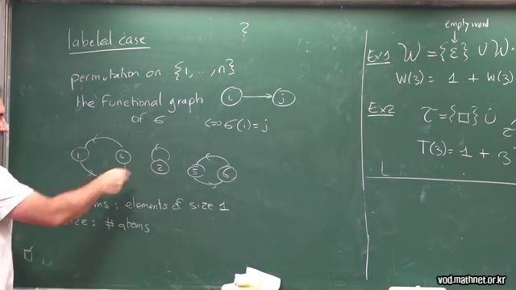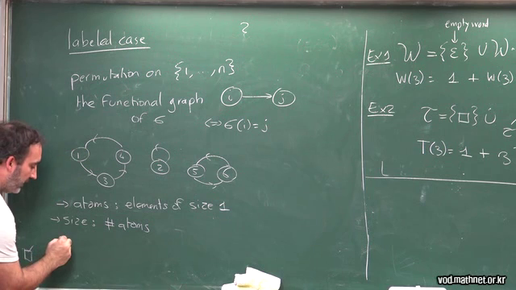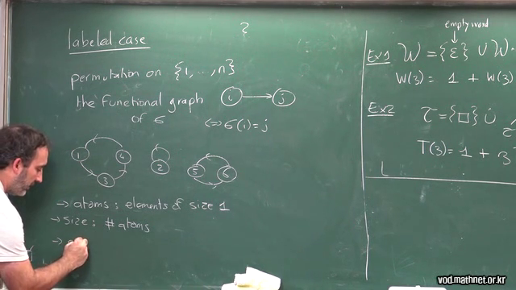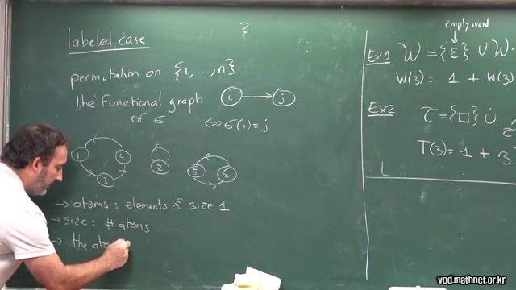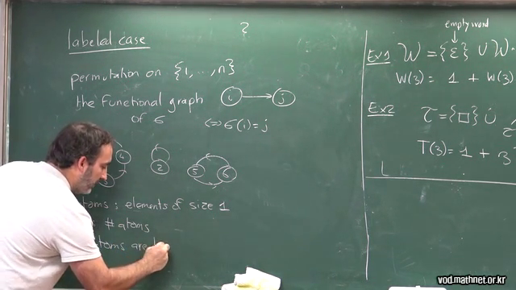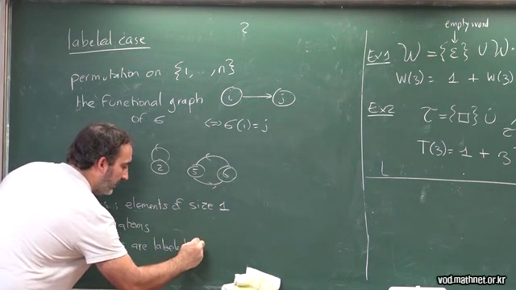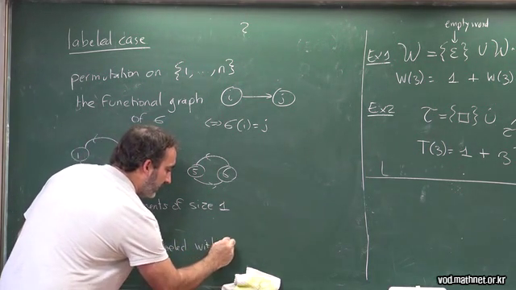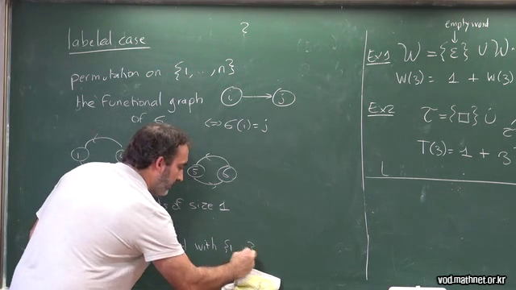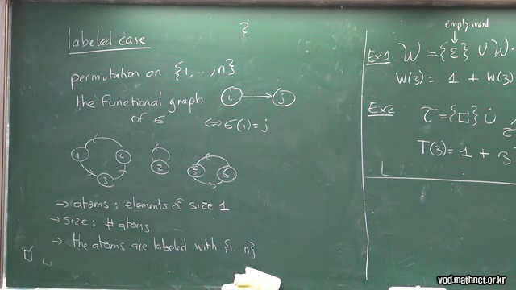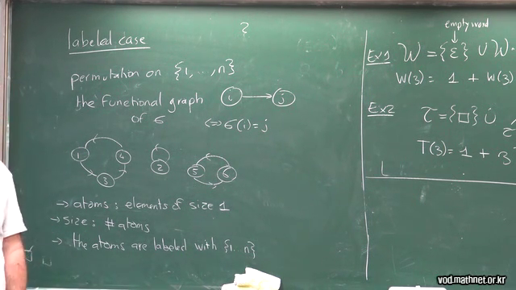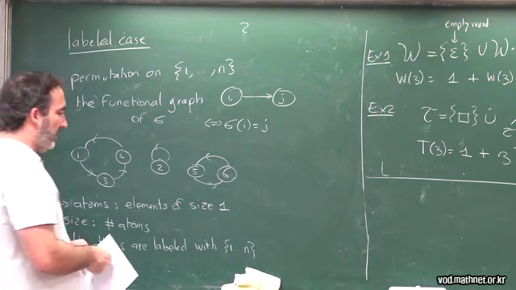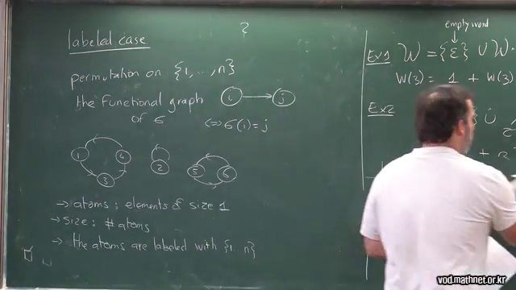So here you have 6 atoms, and the atoms are labeled with the elements between 1 and n, and exactly once. You have 1, 2, 3, 4, 5, 6. You don't have, I don't know, 4 twice or something like that. Okay? So this can be defined properly, I just don't have the time.